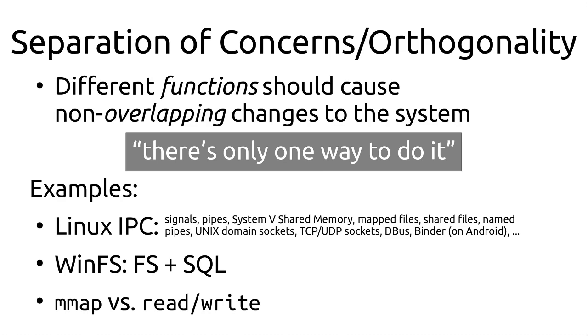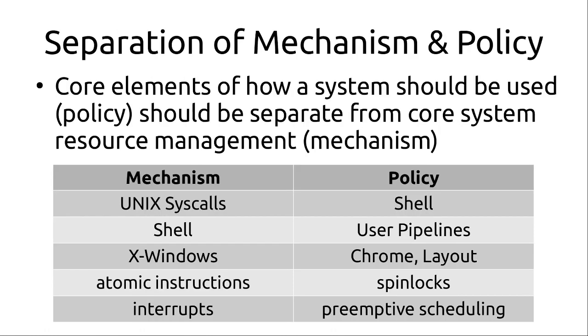But even that kind of breaks a little bit because you can't mmap all files. So this might be justified for performance and convenience reasons, but it does put more cognitive load on the user, on the documentation, and on the implementation. So you tend to not want to do these things, and when you need to do them, you better have good justifications. Okay, next, separation of mechanism and policy.